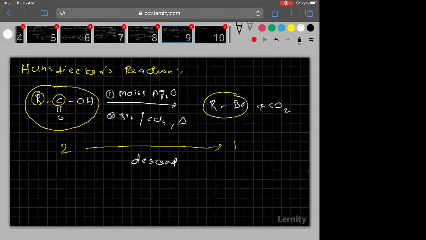Always one carbon less bromoalkane is formed in the Hunsdiecker reaction. One student is asking whether we can use other non-polar solvents. Yes, any non-polar solvent like CCl4. Now we are going to see its mechanism part in the next slide.